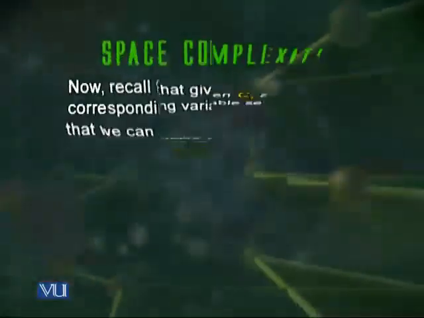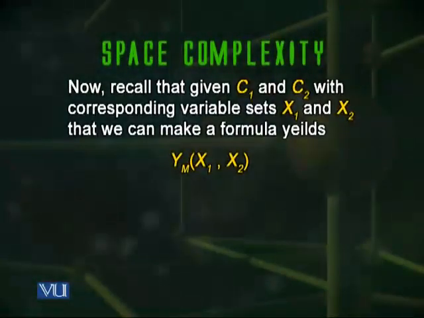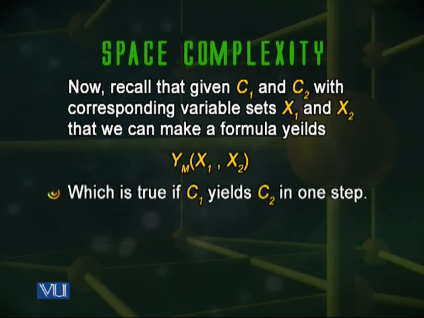What we could do was make this very special Boolean formula. And this Boolean formula that I'm going to call Yields sub M of x1 comma x2, where M denotes the Turing machine that we're talking about, is going to be true if and only if C1 yields C2 in one step.